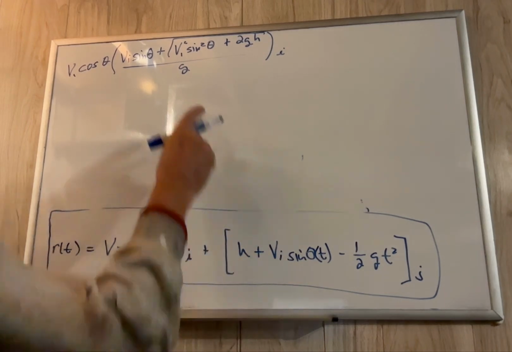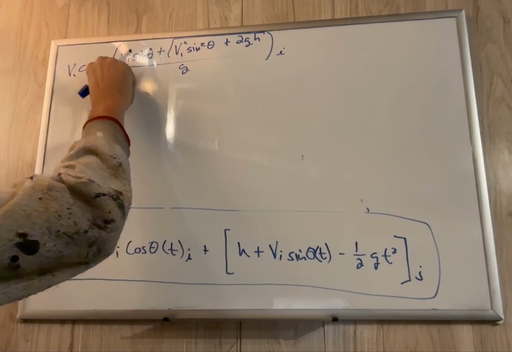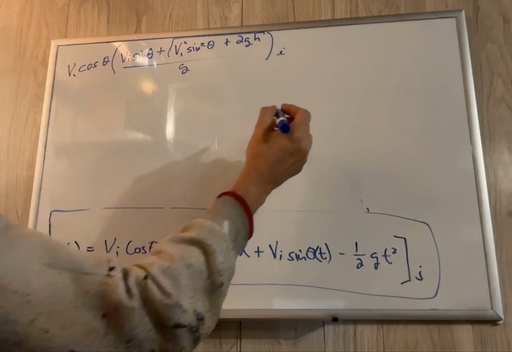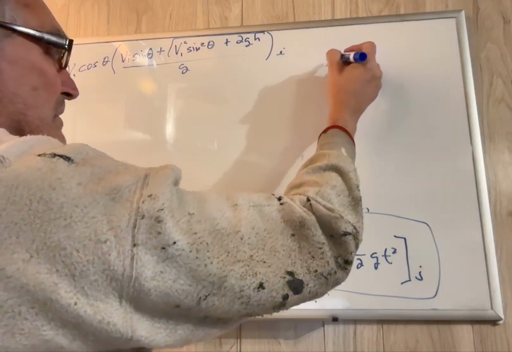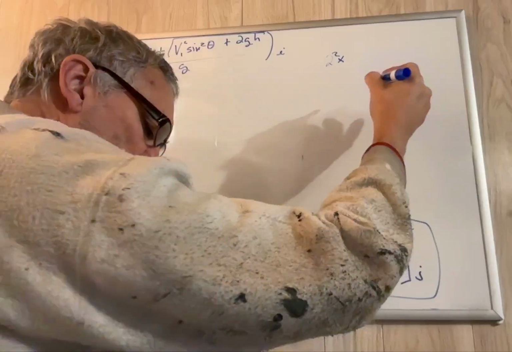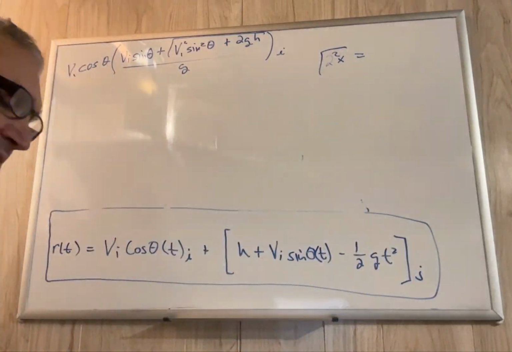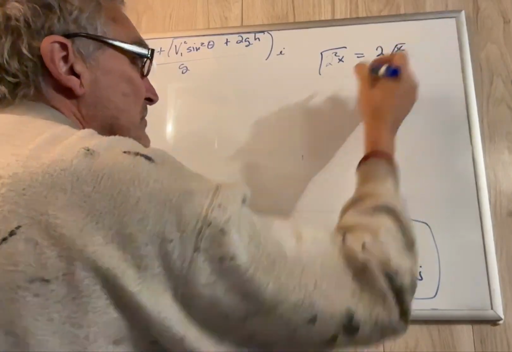Here we have a velocity initial squared. Let's pull that out, and we can pull this velocity out, initial squared. Because I want you to think about the square root of 2 squared x. If we take that, that's going to be equal to what? Just 2x. I mean x square root rather.